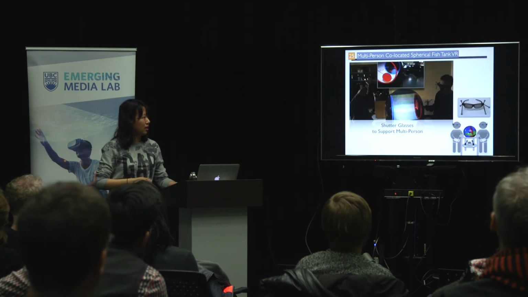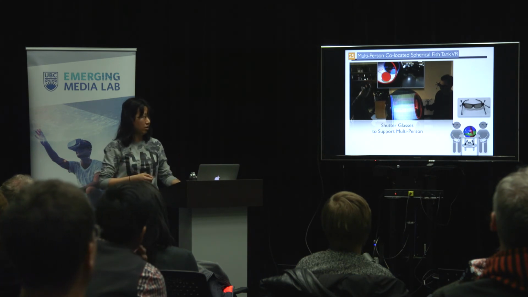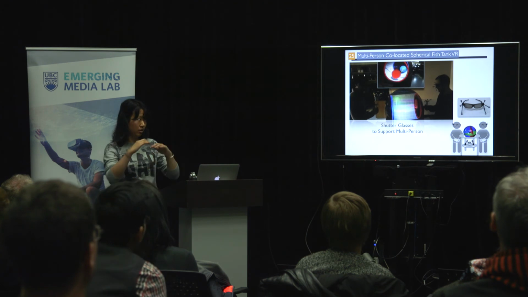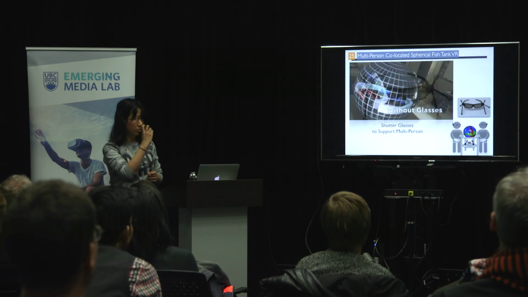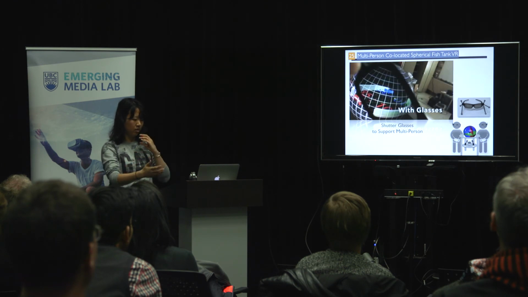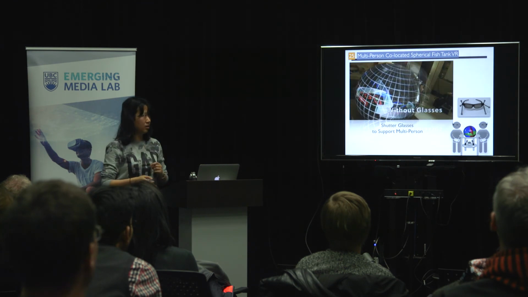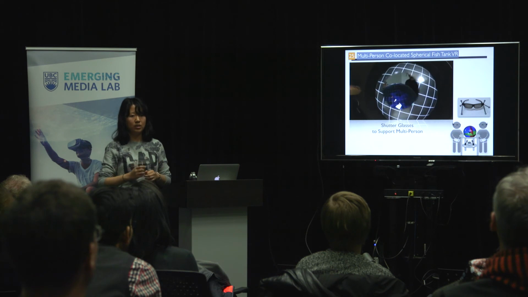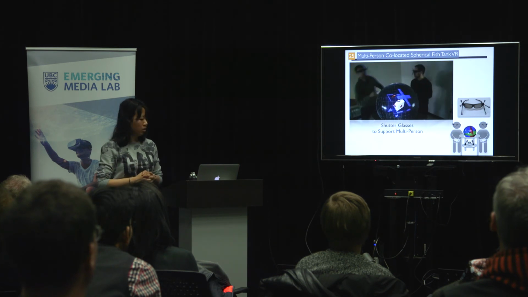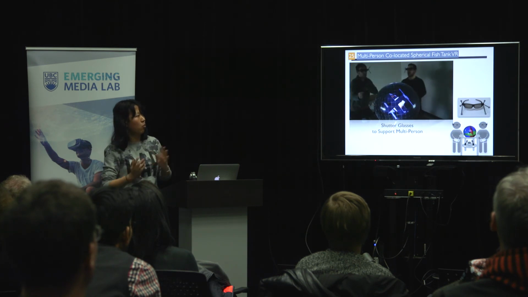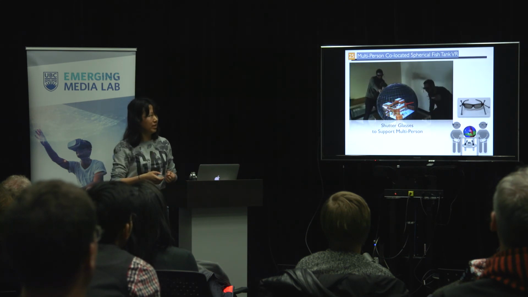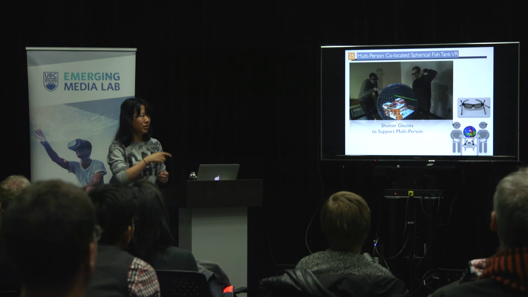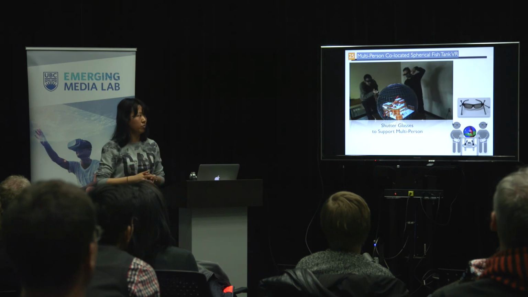For the shutter glasses, we still project both views on the surface of the sphere, but by synchronizing the content with the shutter glasses, each person can only see their own view. This makes people able to work and play together, co-located at the same time, and they can point and select the same object in the scene.